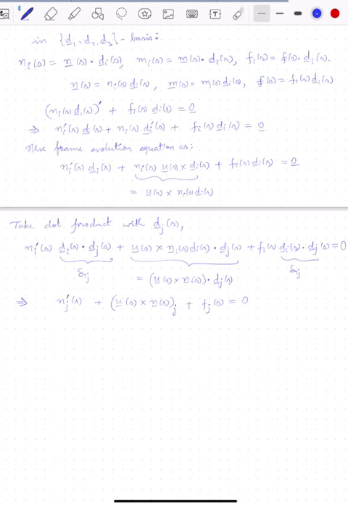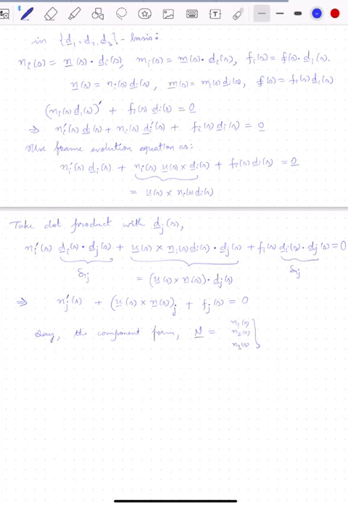In component form, the n vector is equal to n1 of s, n2 of s, and n3 of s.